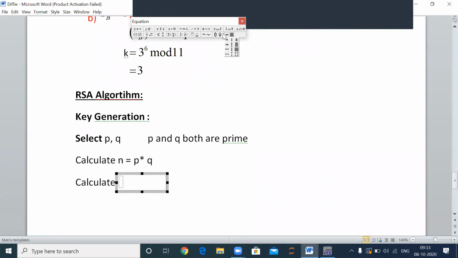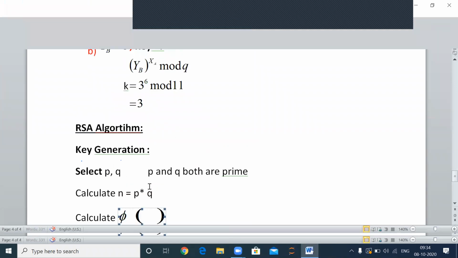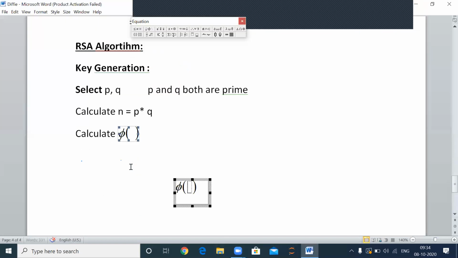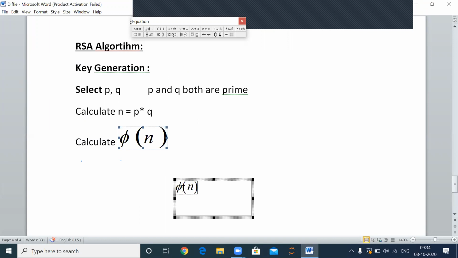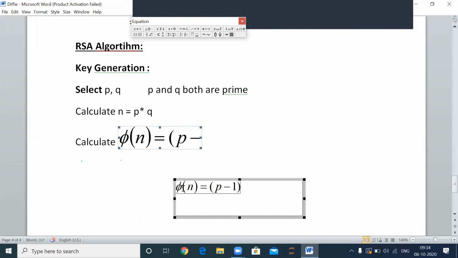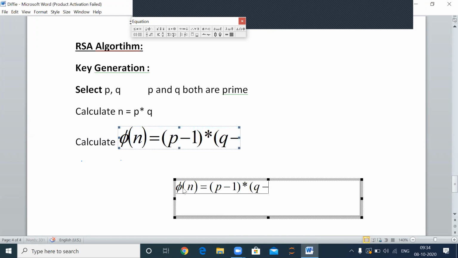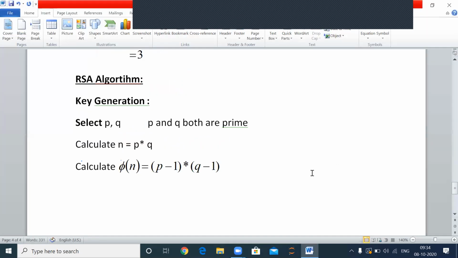Phi of n is equal to (p minus 1) into (q minus 1). This is the formula to calculate phi of n.